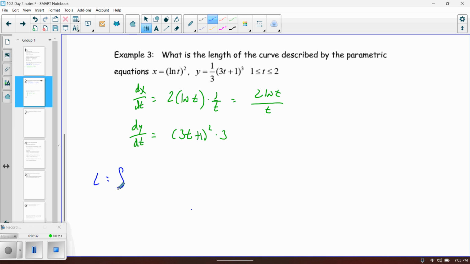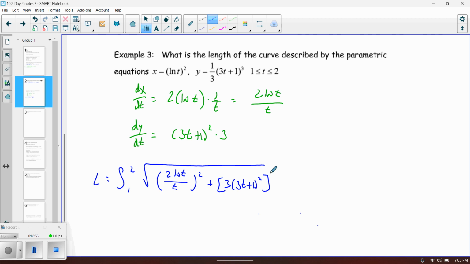Arc length will be an integral from 1 to 2 of the square root of my dx dt and dy dt squared added together. So we are going to get 2 ln of t over t, that whole thing squared, plus 3t plus 1 squared, that whole thing squared.